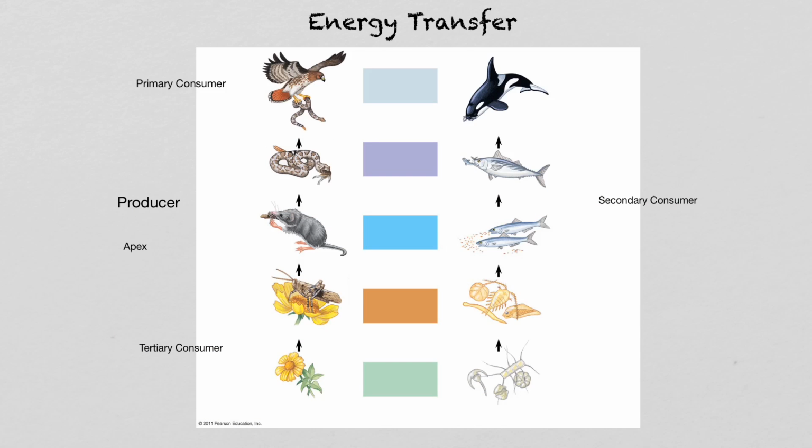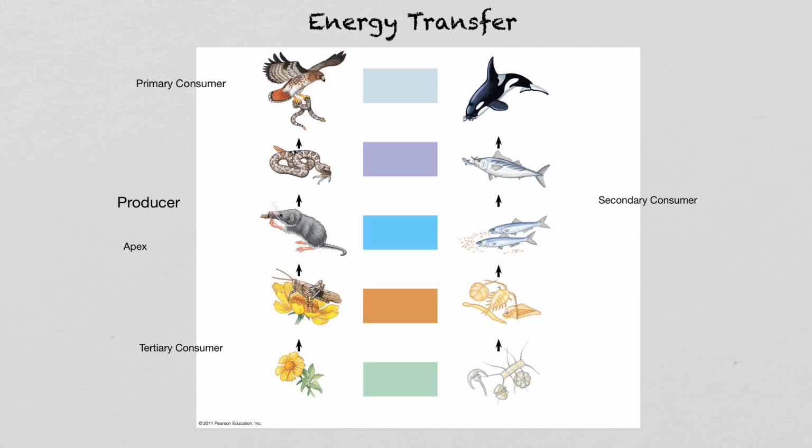Okay, the next part that we're going to go into is energy transfer within an ecosystem. We've got three different things that we could talk about. We could be talking about food chains, which is what we see here, or if we wanted to look at the whole entire ecosystem, then we could do food webs.